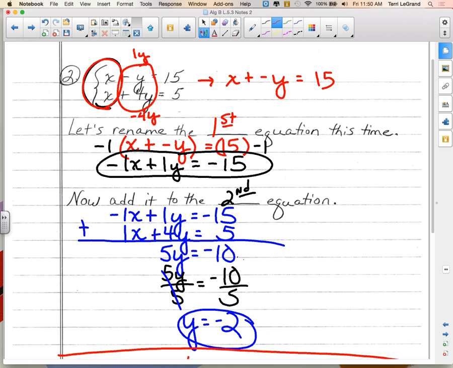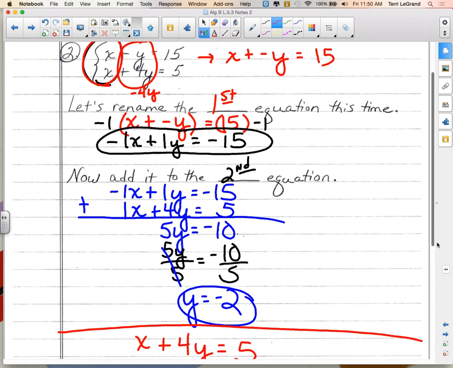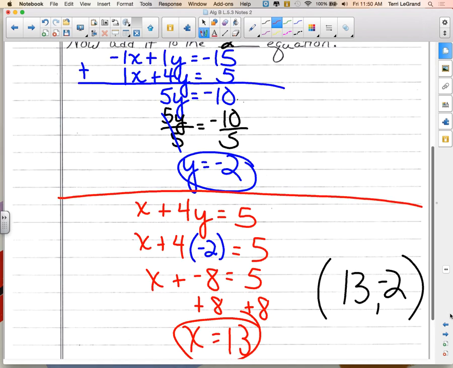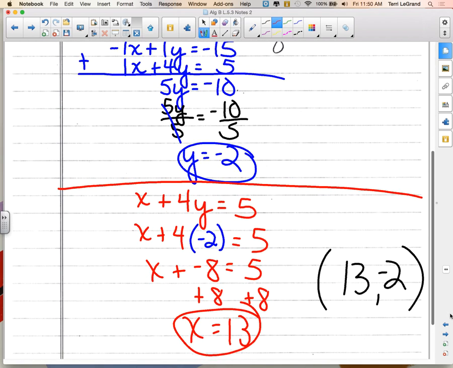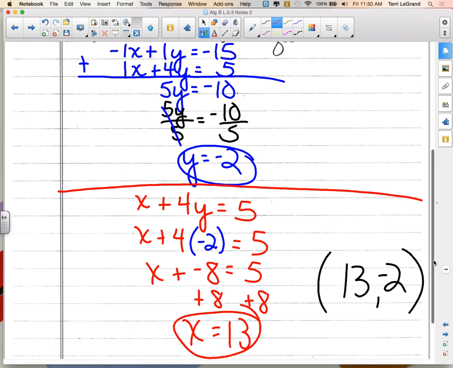They're the only ones that are going to create an opposite. Does that make sense? And then we solve for the y, and then we can go back and solve for our x after that. And you can use any equation; I used the equation that we did not rename. That just happens to be the one I didn't rename anyway.